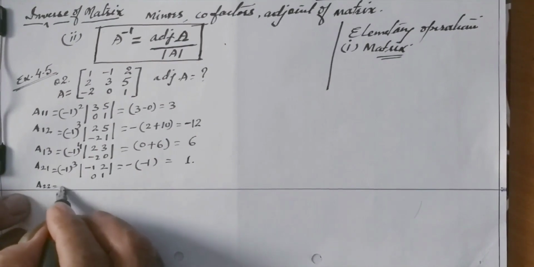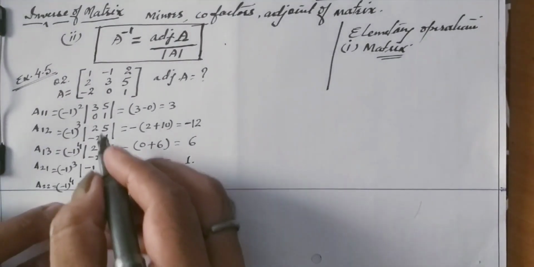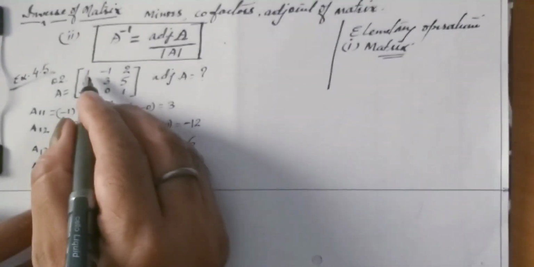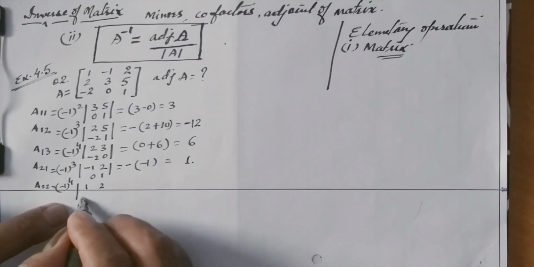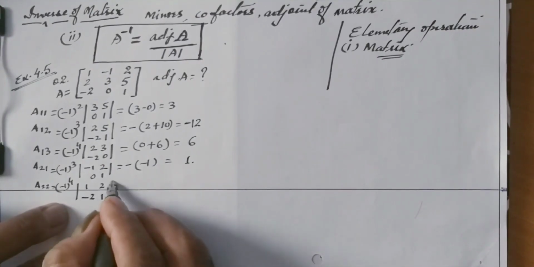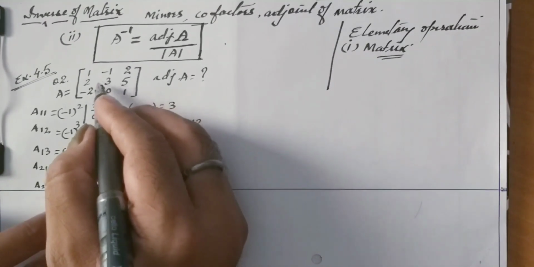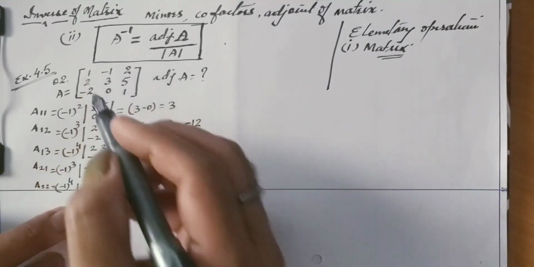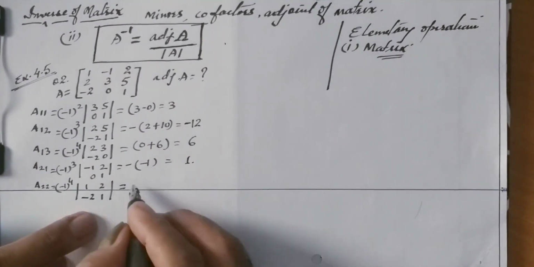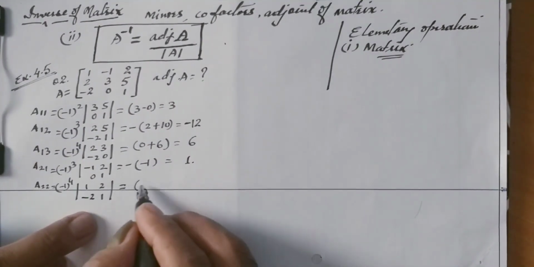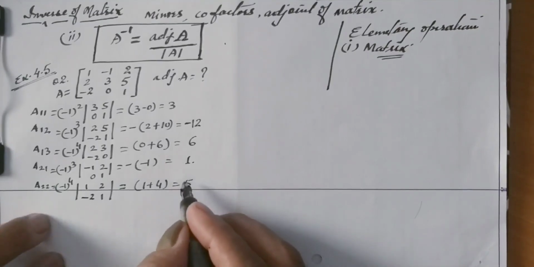A22, minus 1 to the power 4, and this 2 2, leaving this way, 1 2, minus 2 1, this is 1 plus 4, which is equal to 5.